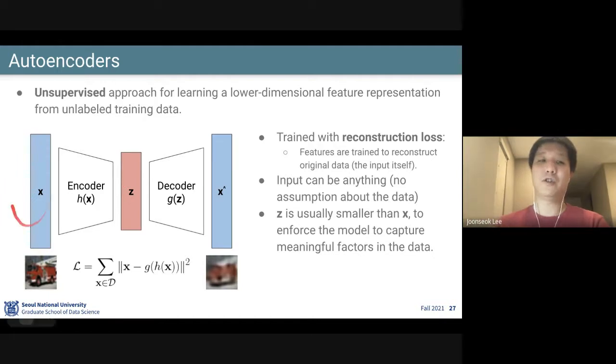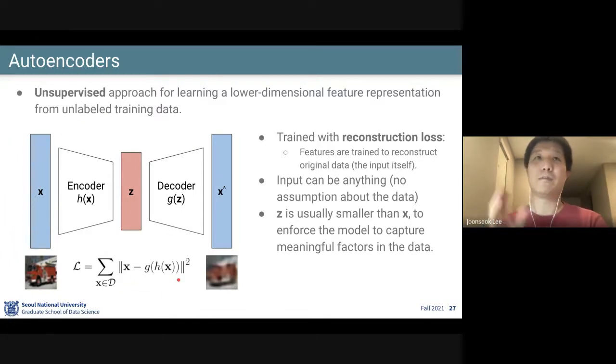Like the image is, suppose, 3072, but this Z is just 100 dimensional. We encode some useful information to that, and then we have another decoder model to map it back to the original input. And the only loss they give is that the input and output should be the same.